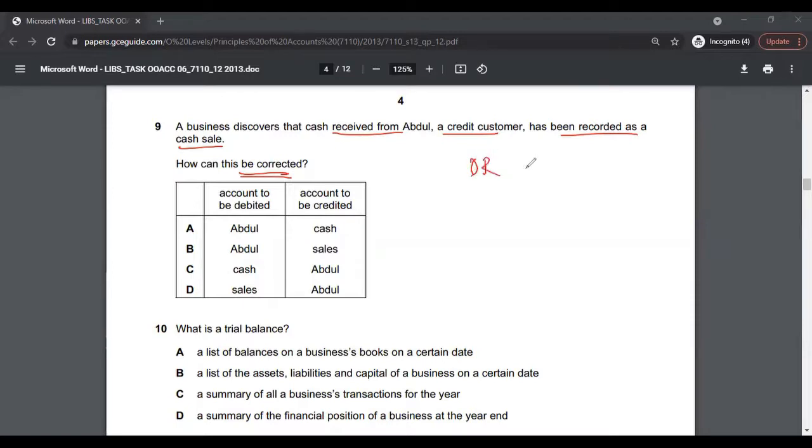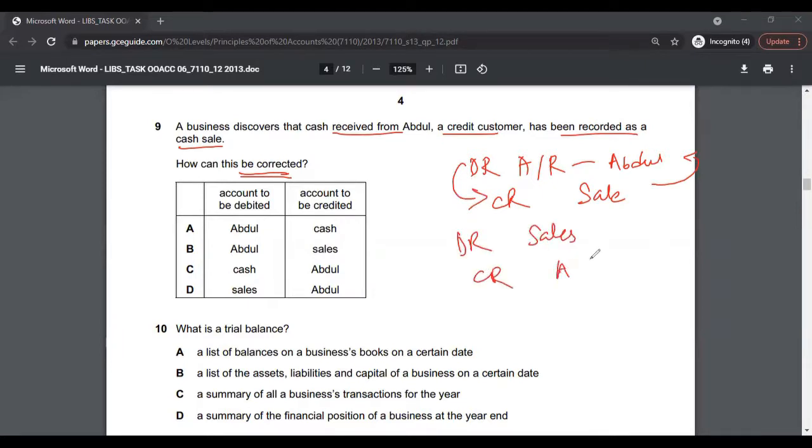Somehow the company has recorded debit accounts receivable, that is Abdul, and then credit sale. We need to correct this entry, so we need to reverse this entry. In other words, debit sale and credit Abdul. So the answer to multiple choice 9 is option B.